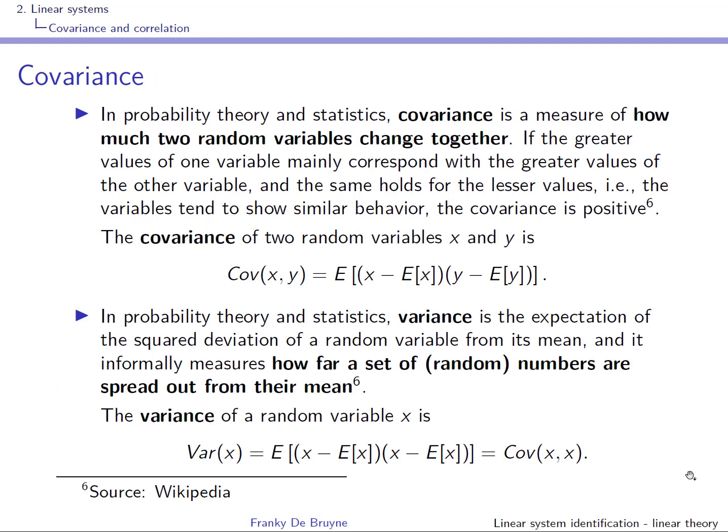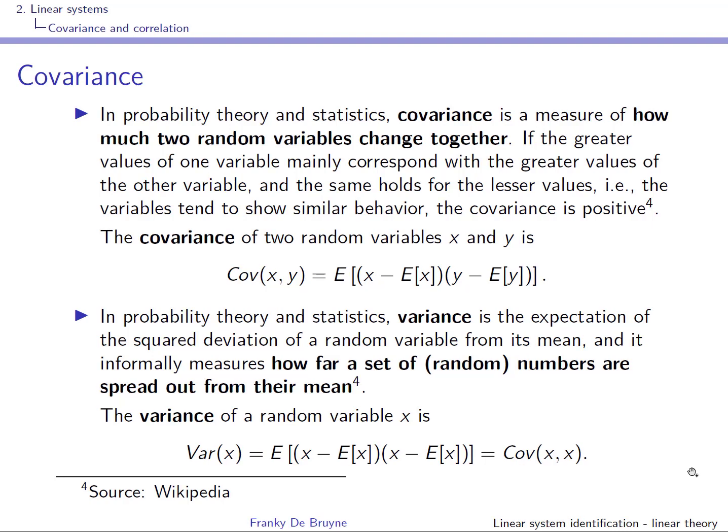We'll now start the subsection on covariance and correlation. Covariance is actually a notion that you've seen last year. I've used the same slide in the course of state space control methods. In probability theory and statistics, covariance is a measure of how much two random variables change together.